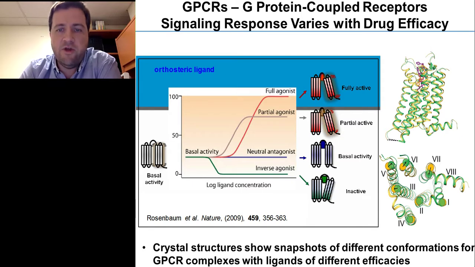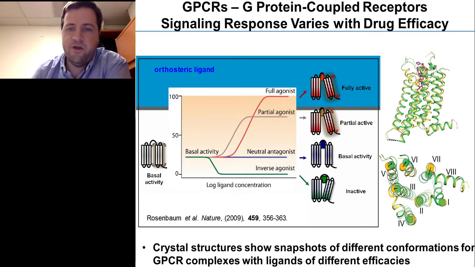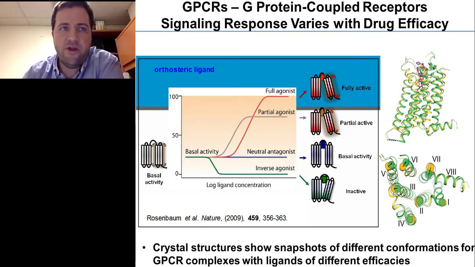And on the bottom, you see a superposition of the same two structures from an intracellular view, here indicating the change in the orientation of the helices due to differences in the efficacies of the ligand. This change in the orientation of these helices and this motion is what leads to and enables complex formation with the intracellular G protein partner.